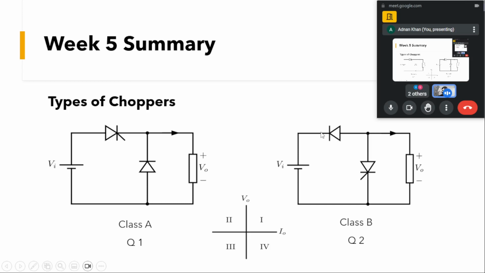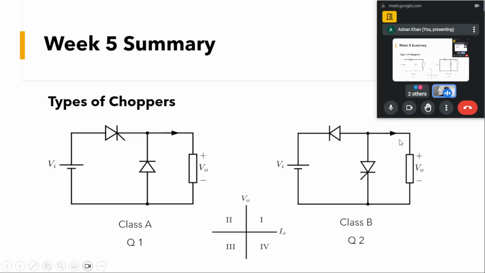When this voltage is positive, this diode will get reverse biased, because V is applied to the cathode. And here, E will charge up if we are having an RLE load, the inductor, and this switch will be off, and this current will flow in this direction.